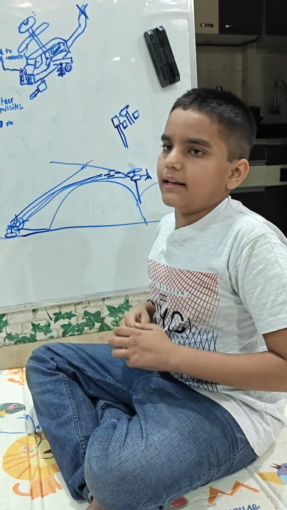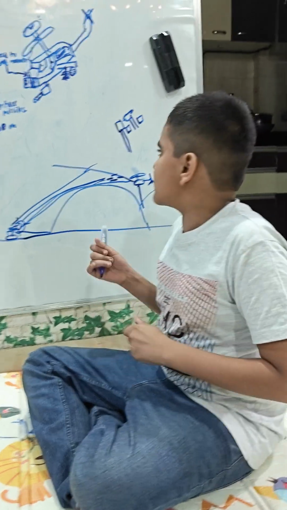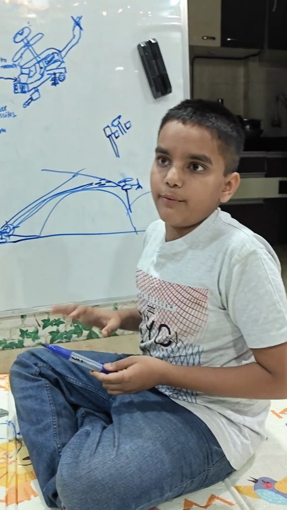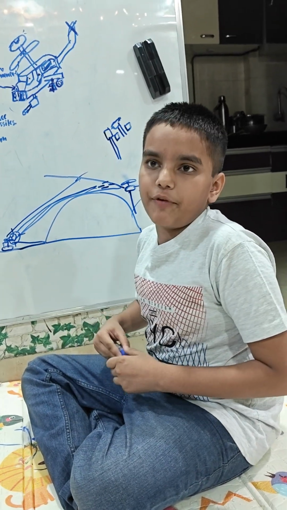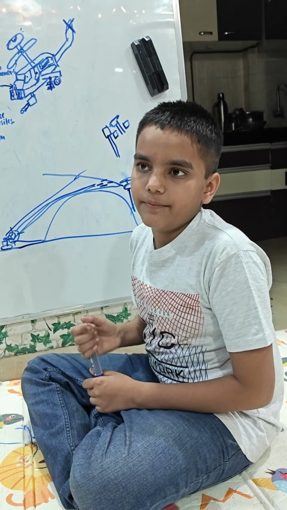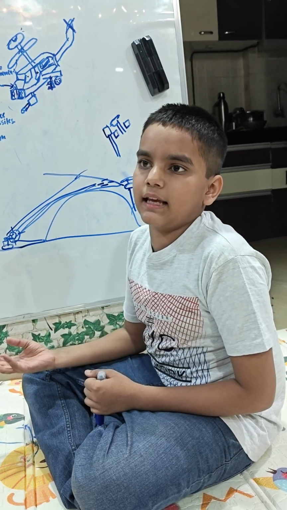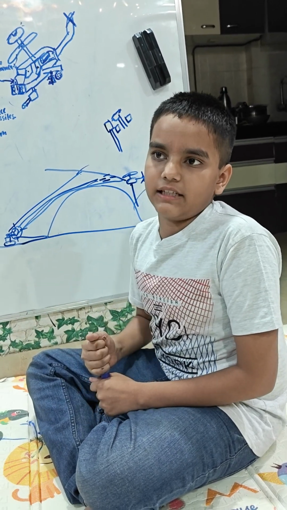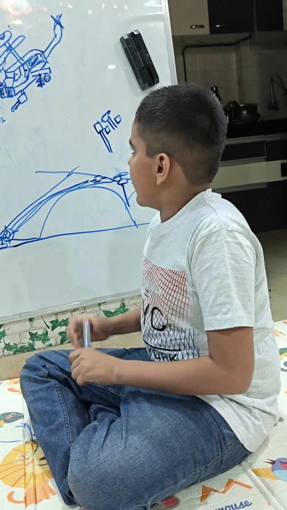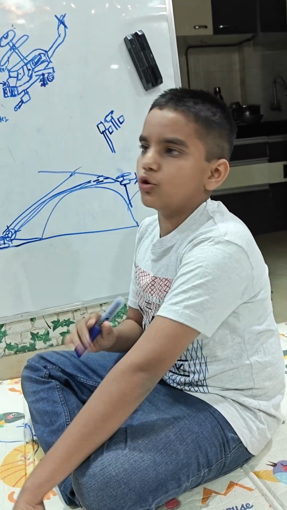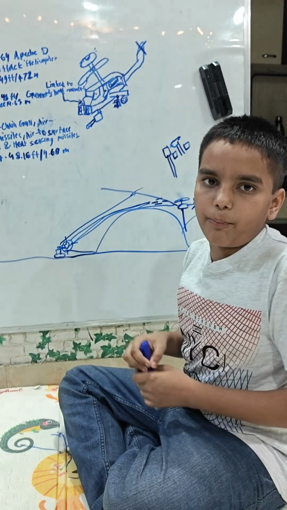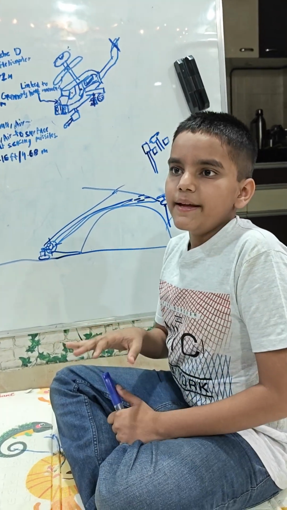And the radar's range is 15 kilometers. So what if a target is out of the range of 15 kilometers? Then there is a Longbow radar which is on the top of the rotors.